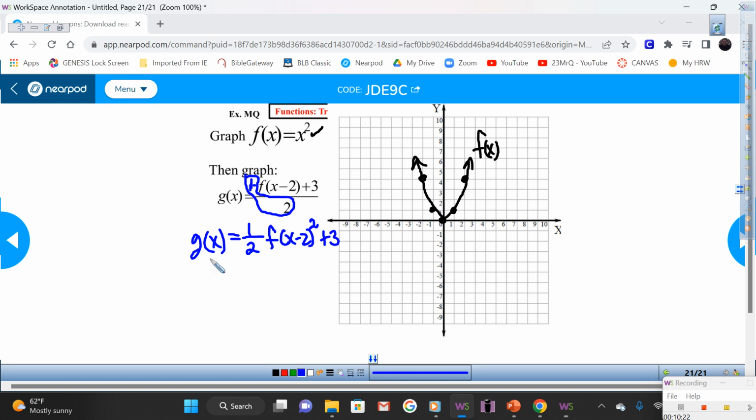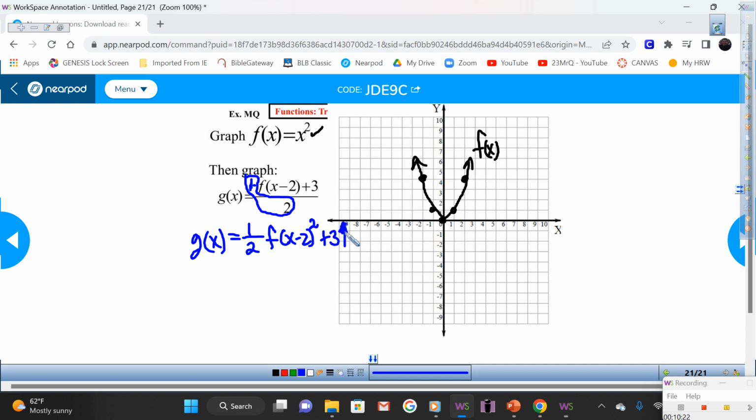All right, so before we move forward, tell your neighbor what the 2 is going to do and the 3 is going to do to the entire function. Tell your neighbor, please. All right, Diego, Roma, the 3 is going to move it where?